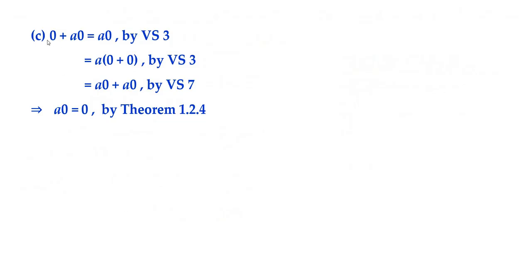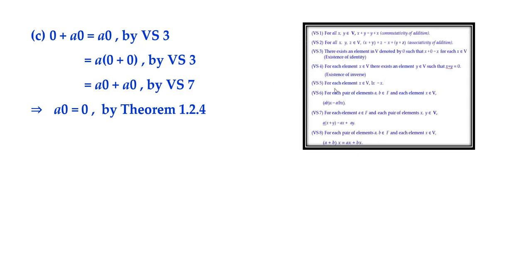Then the third subdivision is we have to show that a0 equals 0. So for that we consider a0, which you can write as 0 plus a0. And again this 0 is rewritten as 0 plus 0. So you have VS3, this is existence of identity. And again the 0 by VS3 is written this way. Now by VS7, you have one scalar, two vectors.